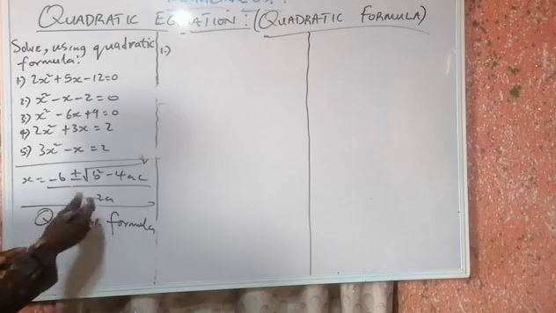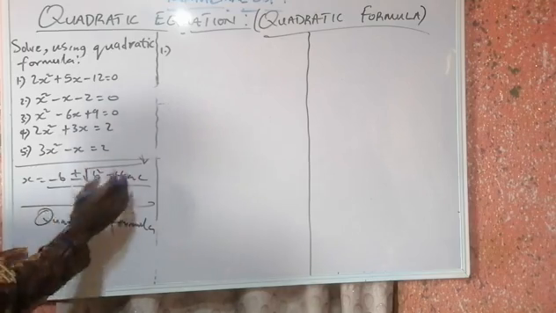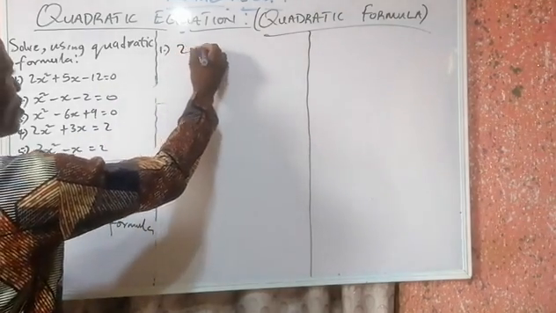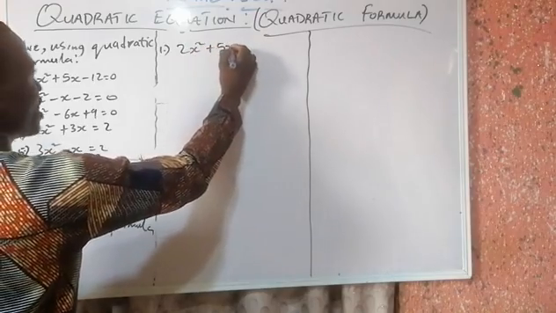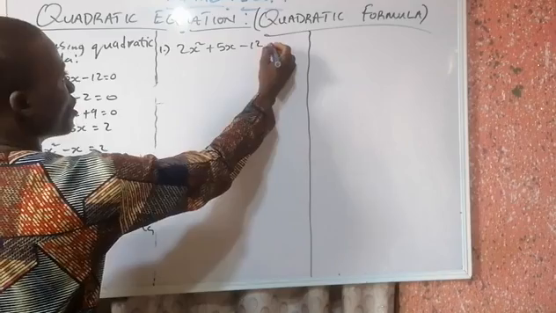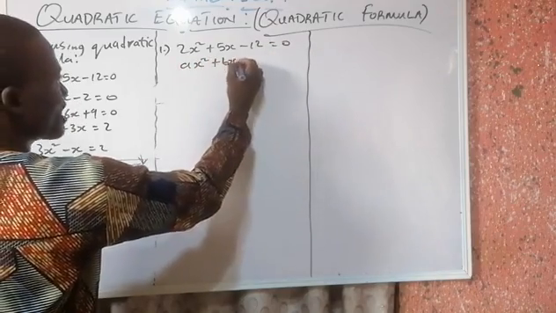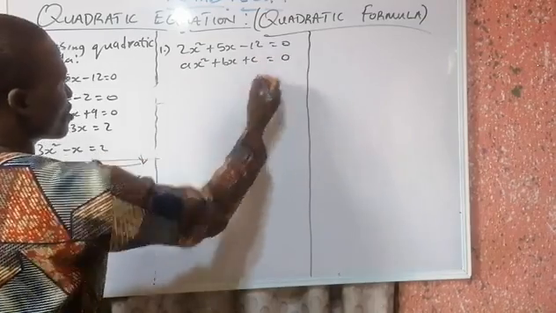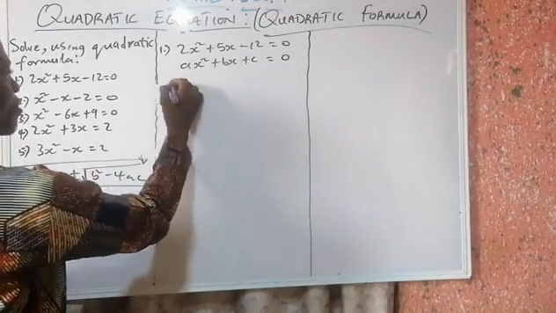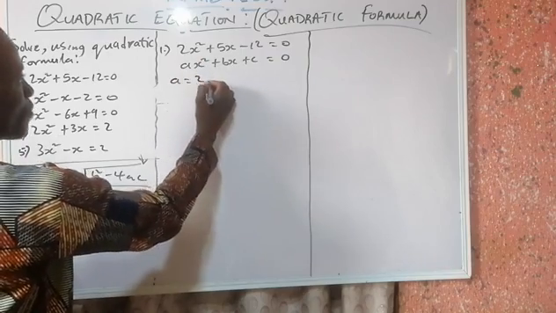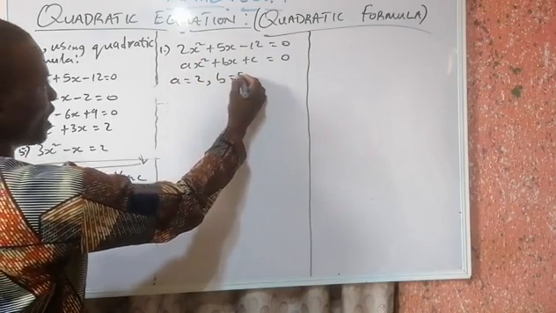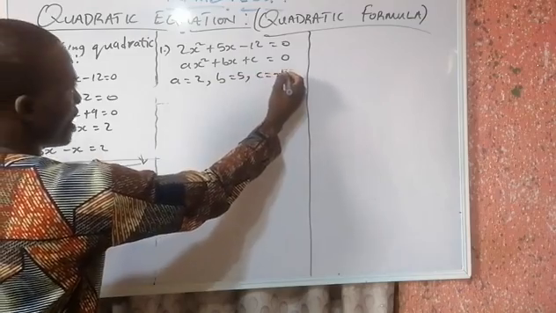all our letters that we have here, all the unknowns, what are their values? So question number 1, 2x squared plus 5x minus 12 equals 0. So just see it as ax squared plus bx plus c equals 0. So state it out. A equals 2, b equals 5, and your c equals minus 12.